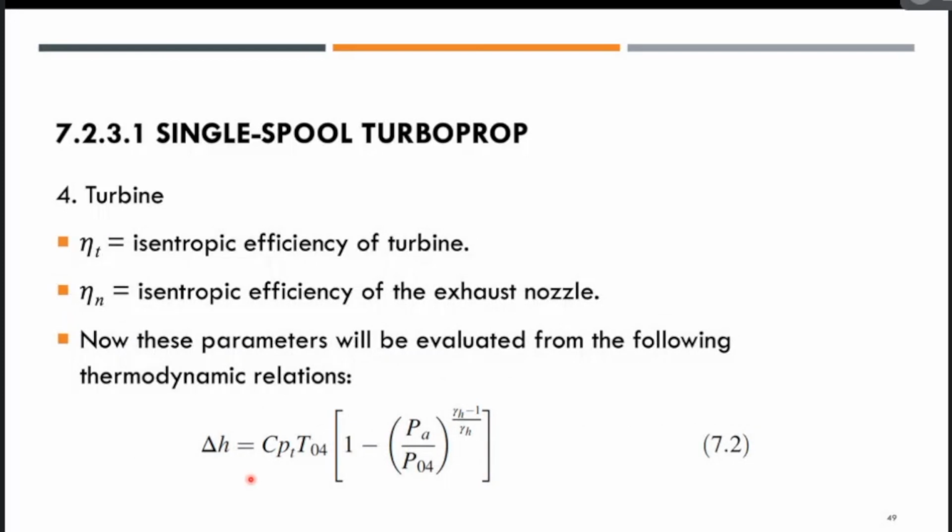To continue, zeta T is the isentropic efficiency of the turbine, and zeta N is the isentropic efficiency of the exhaust nozzle. T is for the turbine, small n is for the nozzle, and these parameters will be evaluated in terms of the following thermodynamic relations. You have this relationship, equation 7.2, which gives the enthalpy drop and the change in enthalpy.